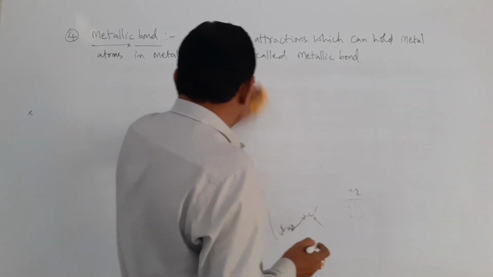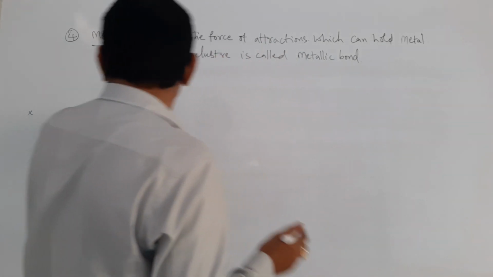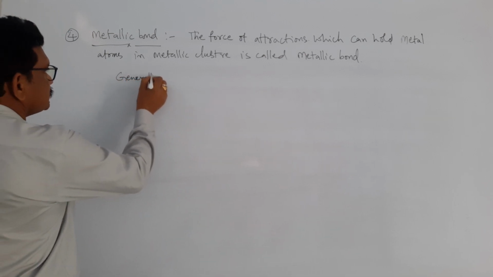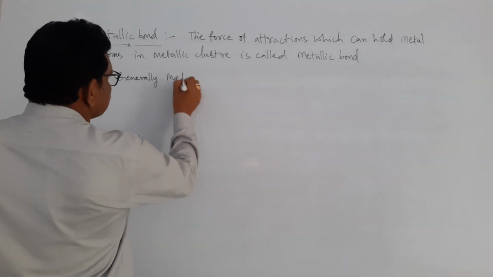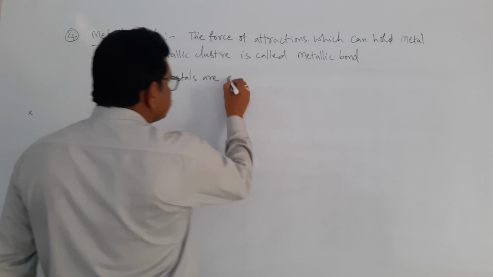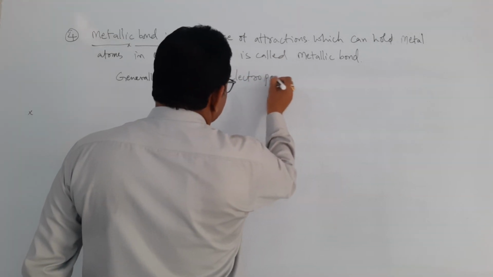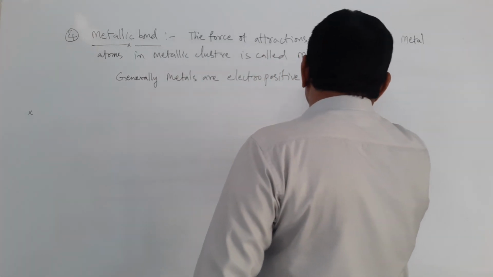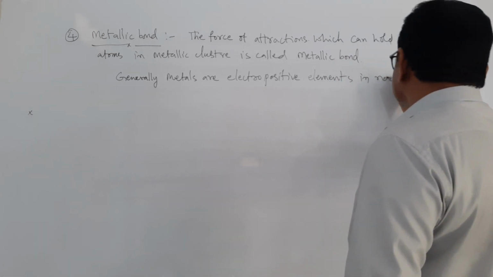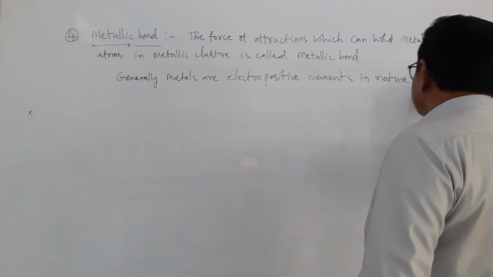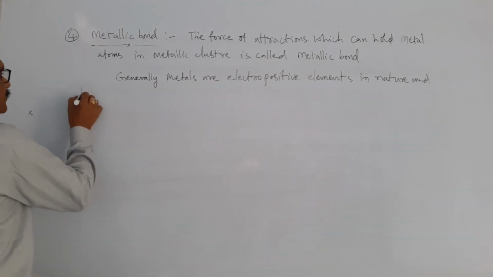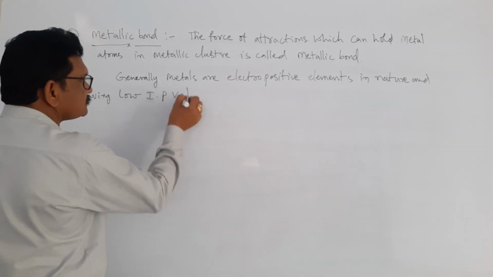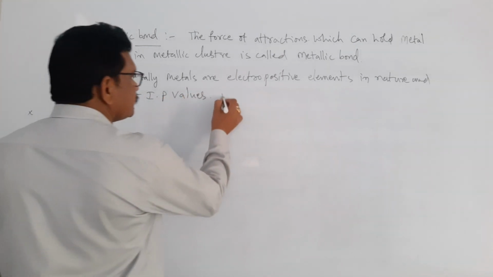Okay, students, you write down some important points. As you know, metals are generally electropositive elements in nature, having low IP values.